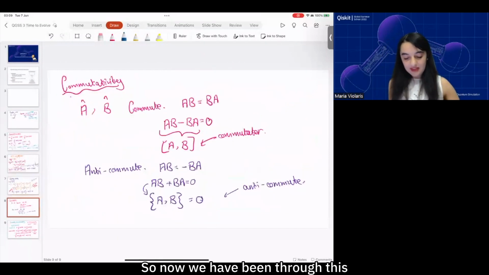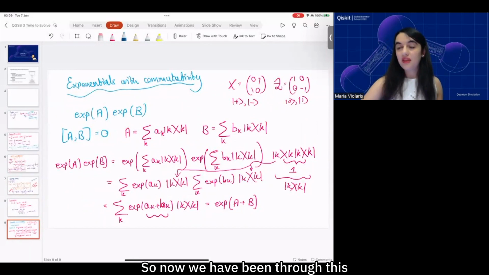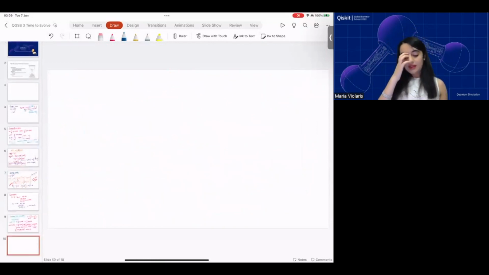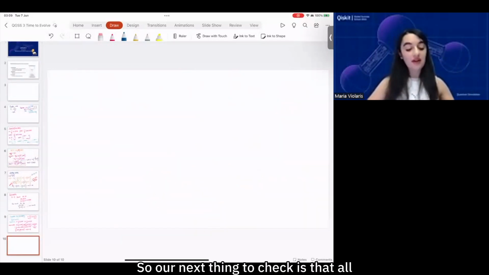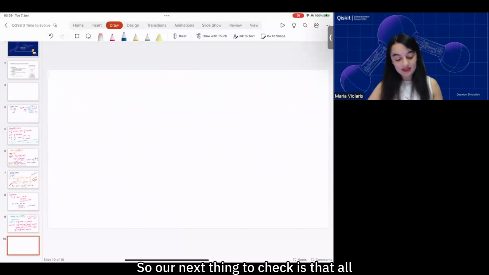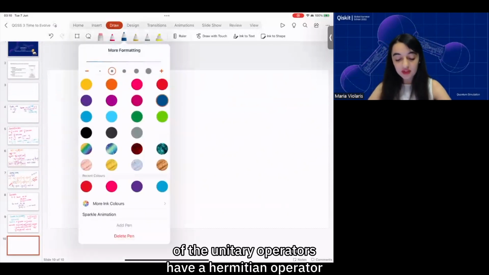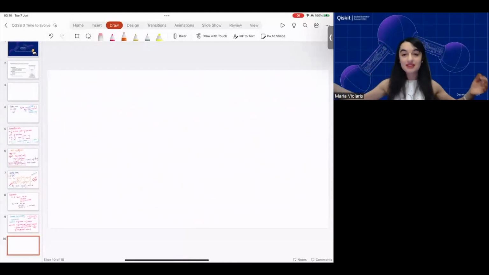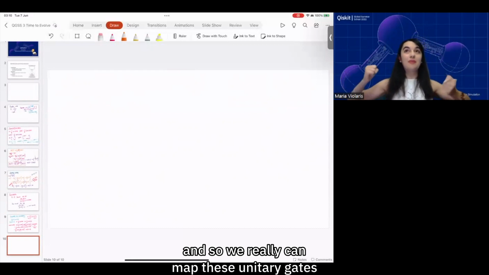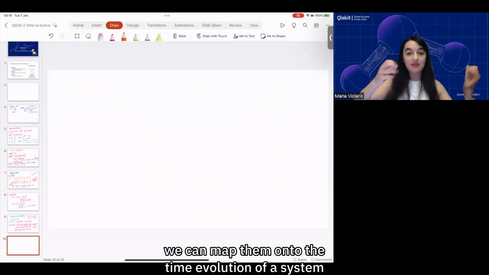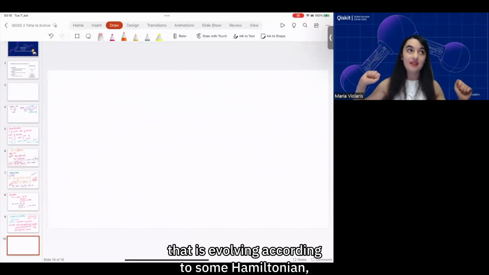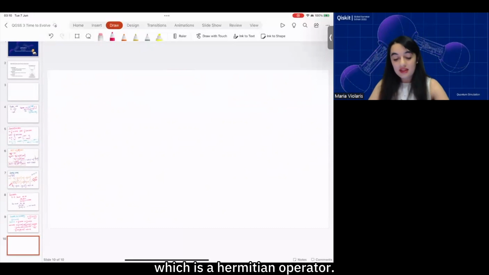Right. So now we have been through this, next we can think about how we can show that all unitary operators have a Hermitian operator, and so we really can map these unitary gates that take us from one state to the next onto the time evolution of a system that is evolving according to some Hamiltonian, which is a Hermitian operator.